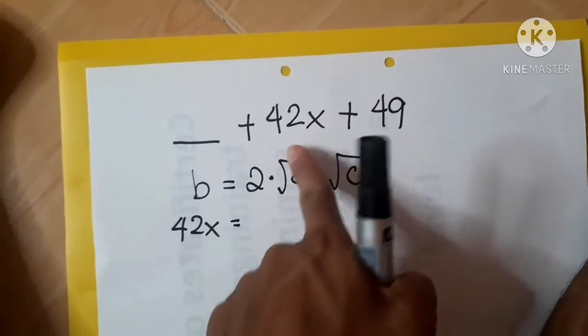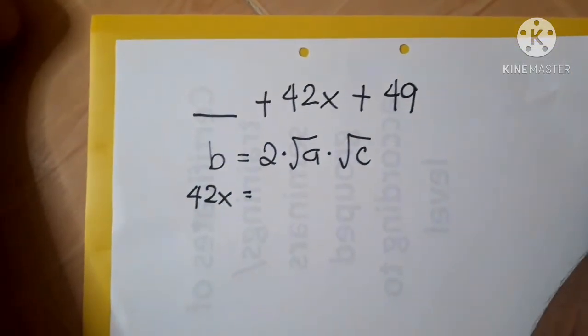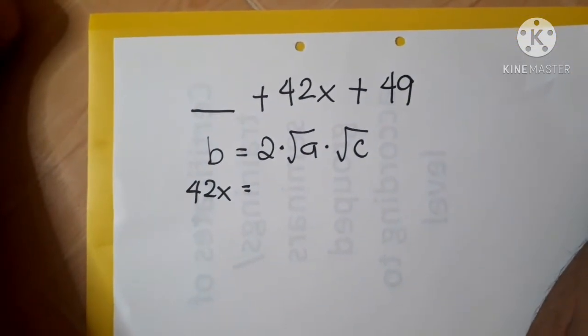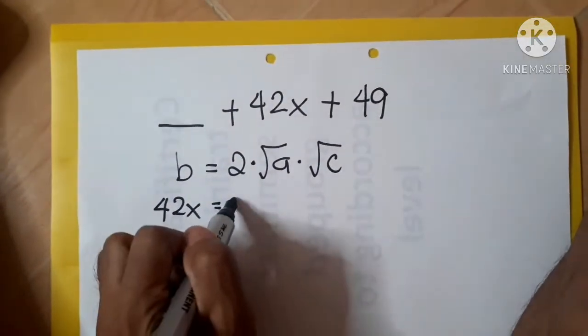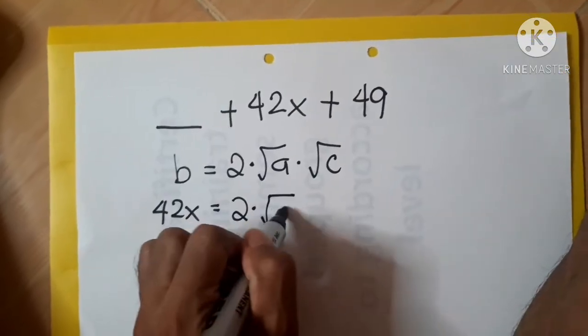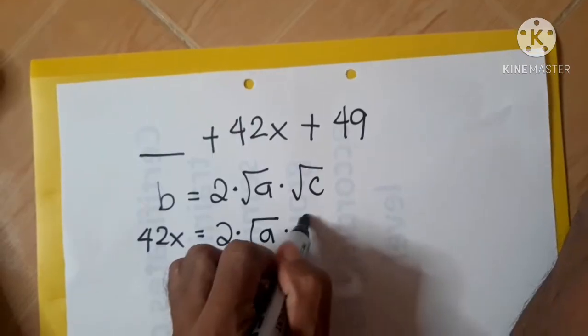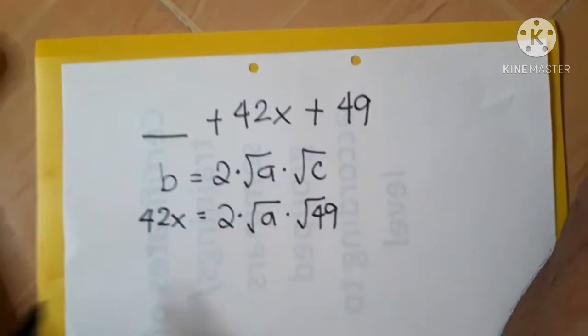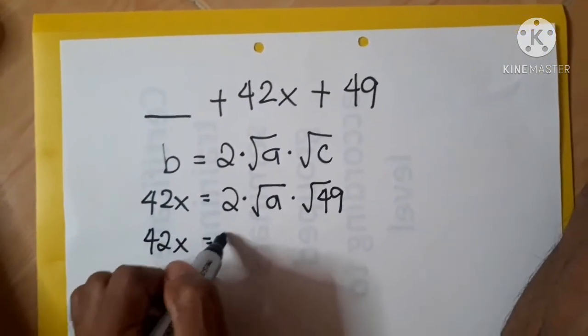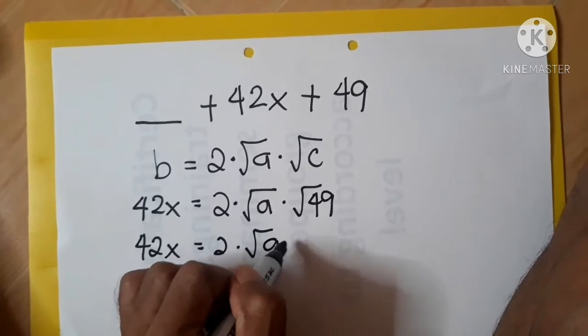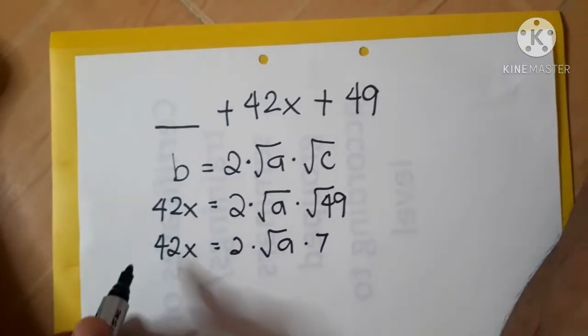This is not actually the leading coefficient or the numerical coefficient, but it's actually the term. So 42x equals 2 times the square root of A times the square root of 49.